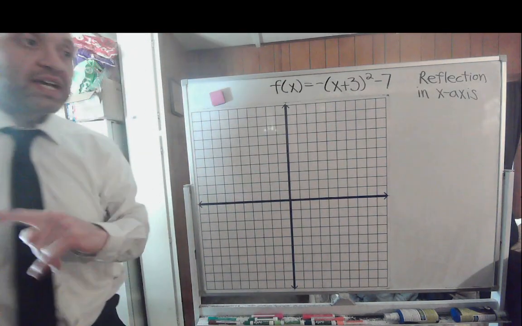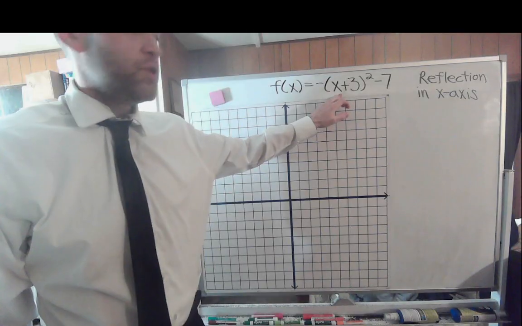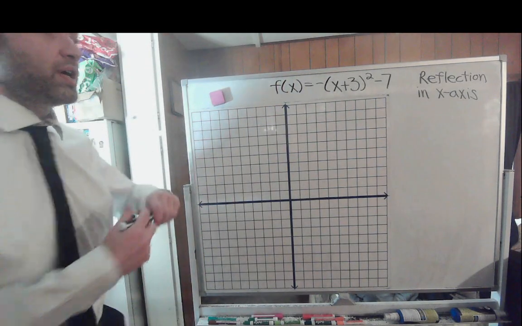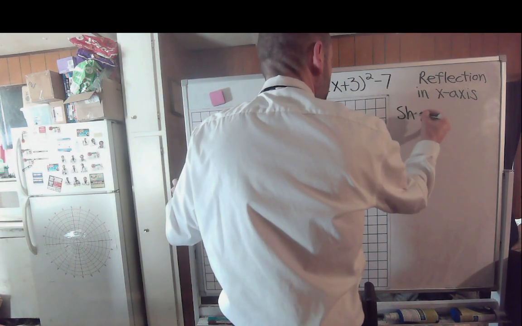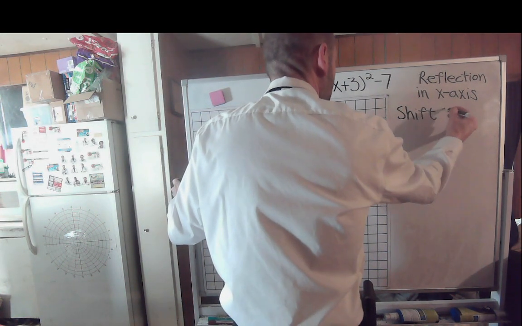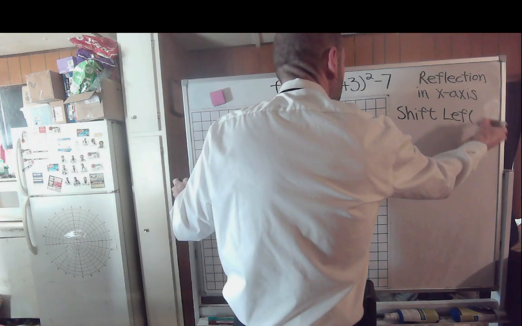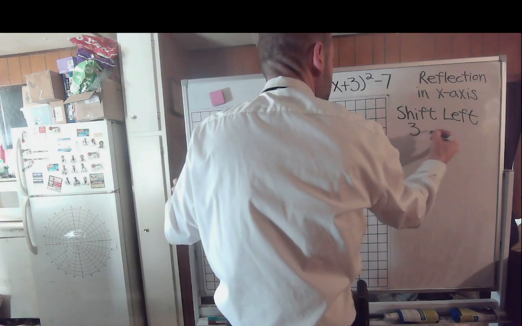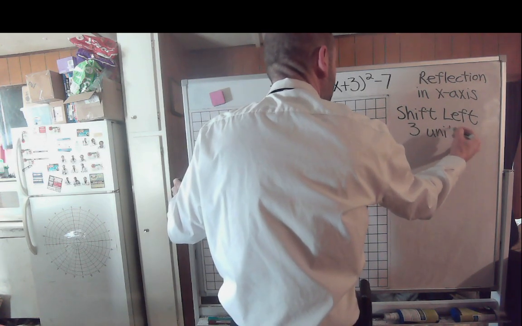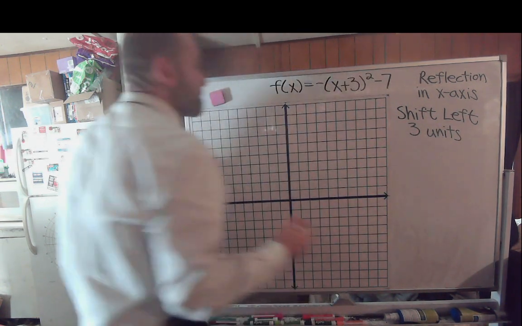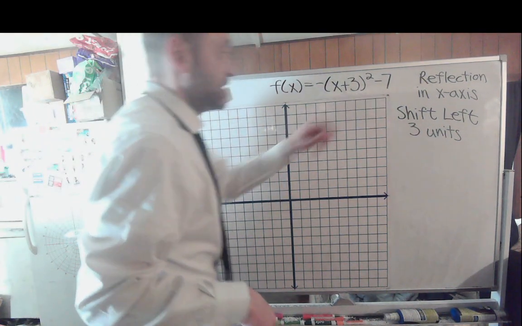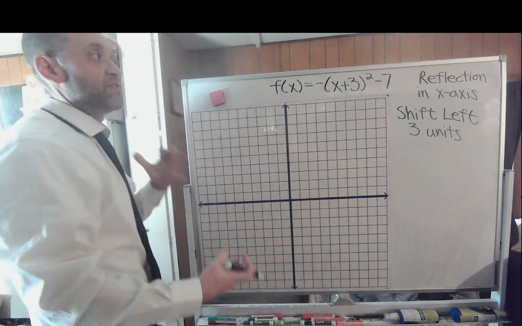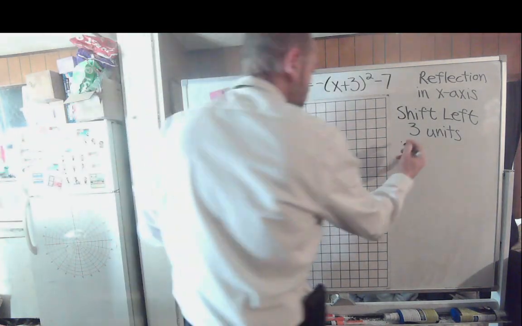If you just set the x plus 3 equal to 0, you would get x equals negative 3. You're shifting everything to the left 3 units. So you're going to shift the graph left 3 units. And then that minus 7 outside the parentheses indicates you're shifting the graph down 7 units.